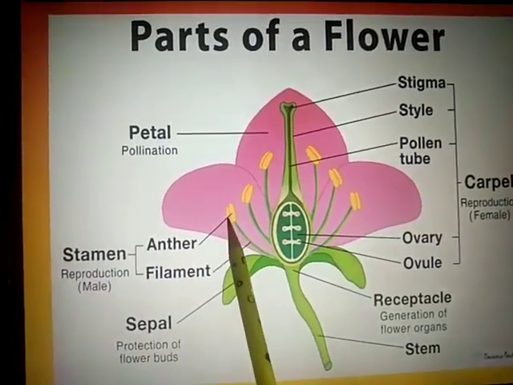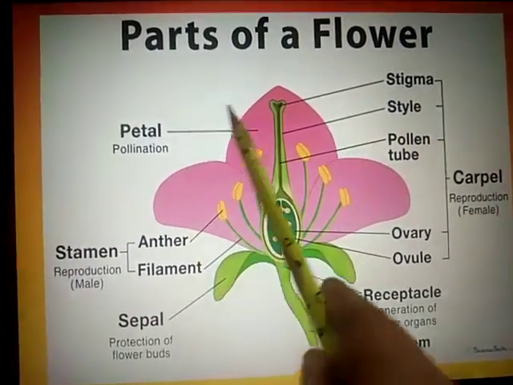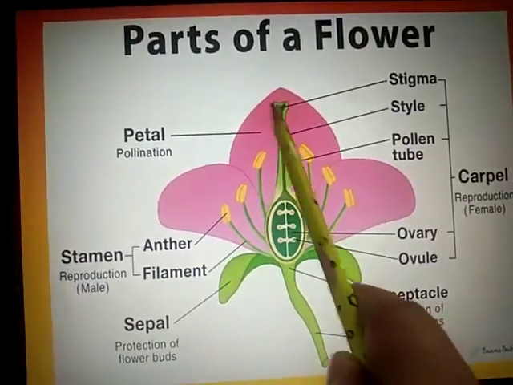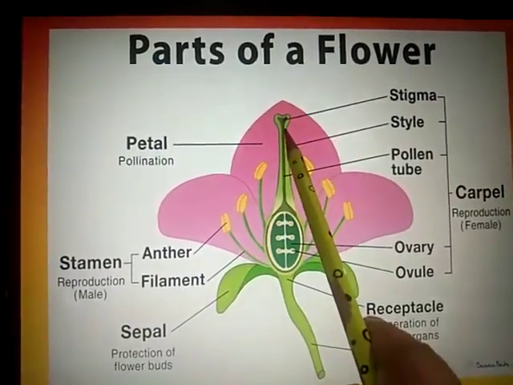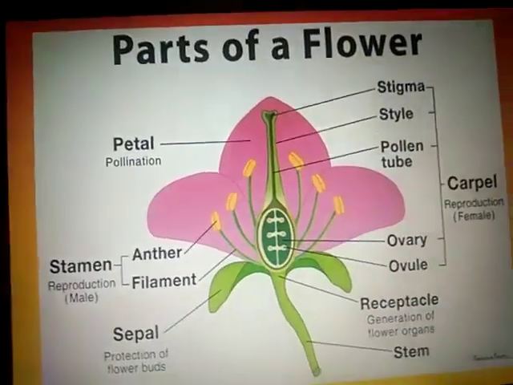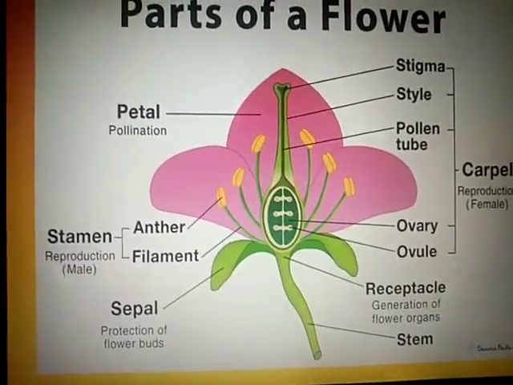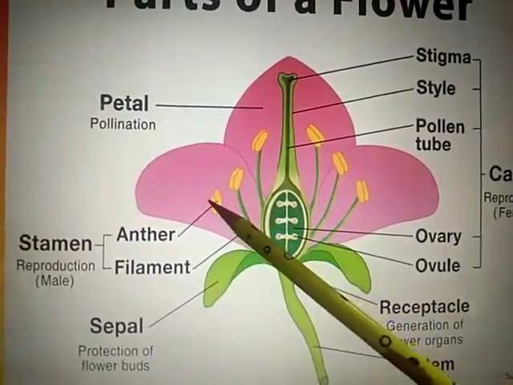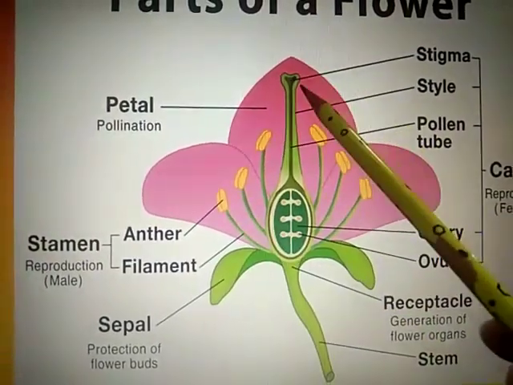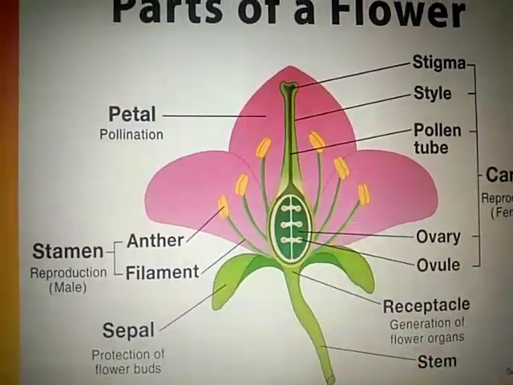From here, the pollen grains are transferred to the stigma. This is known as pollination. The transfer of the pollen grain from anther to the stigma is known as pollination.